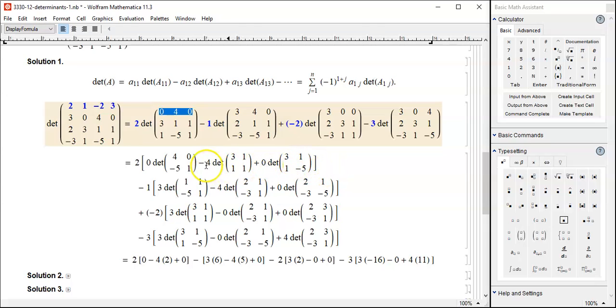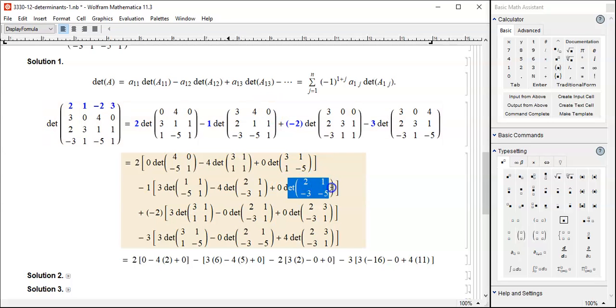I don't have to worry about these zeros. And then about this 4, we have deleted matrix 3, 1, 1, 1. How about the next one? 3, 4, 0. For 3, we have this deleted matrix. For 4, we have 2, 1, negative 3, 1, this deleted matrix. For 0, actually I don't have to worry about this part, but I wrote those anyway.